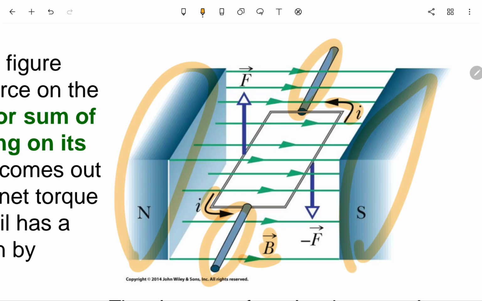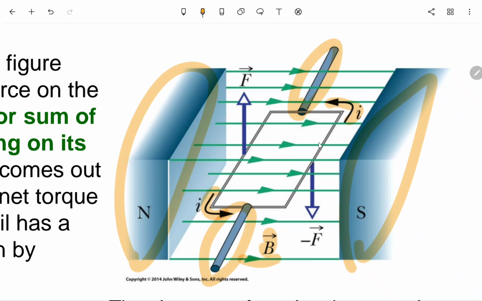Okay, so here we have a current in counterclockwise direction.